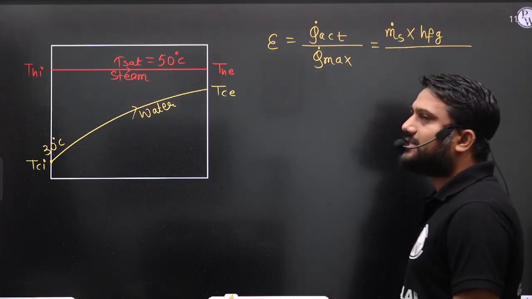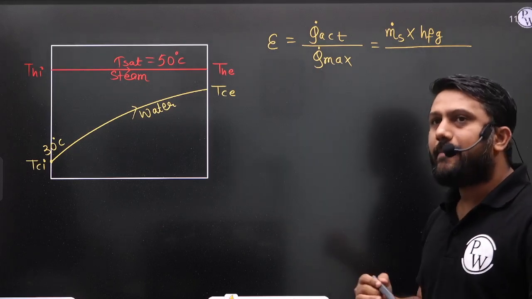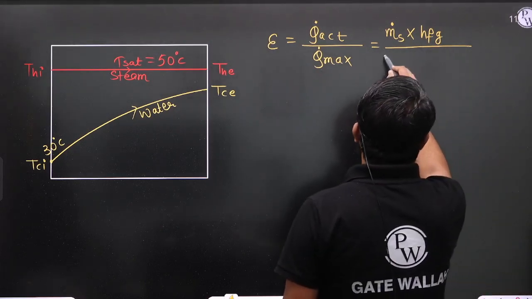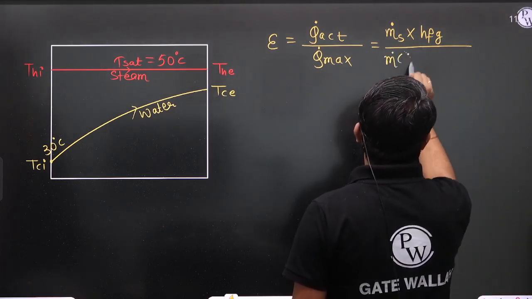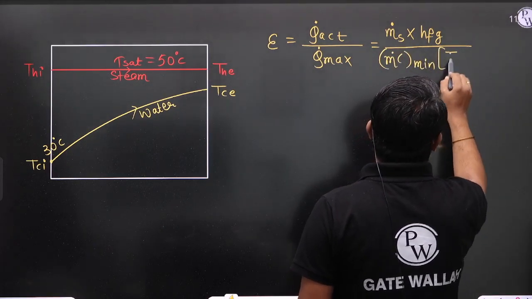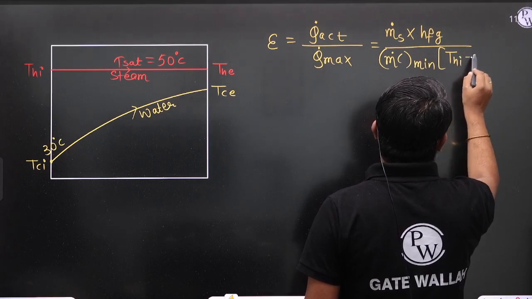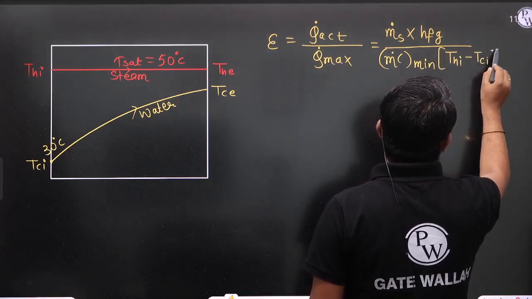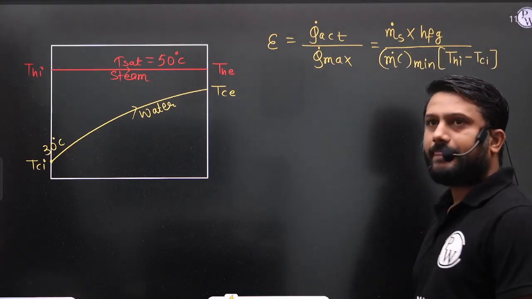So this is the actual heat transfer. And what is the maximum rate of heat transfer? To calculate the maximum rate of heat transfer, it is the minimum heat capacity rate multiplied by the maximum temperature difference in the heat exchanger, which is T_hi minus T_ci, right?